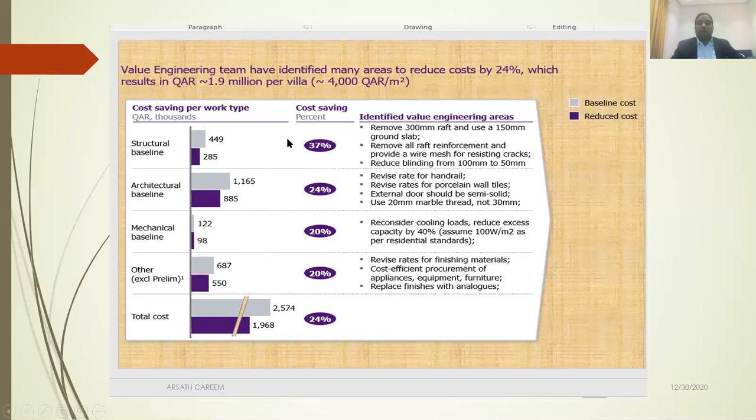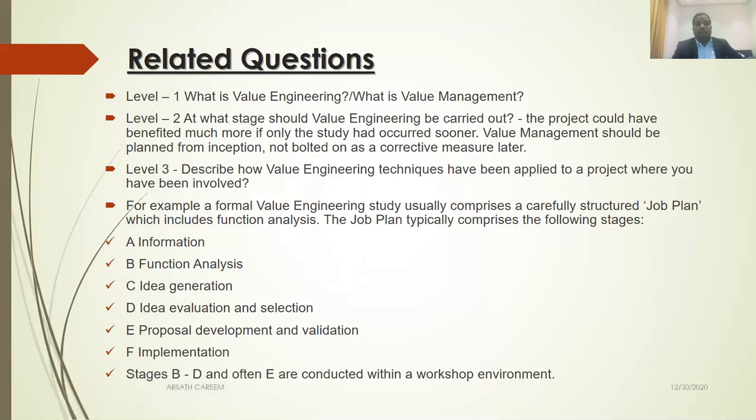So my company appointed a consultant who is a specialist in value engineering. They collected the information, and as a team, I am part of the team. My function is cost advising.